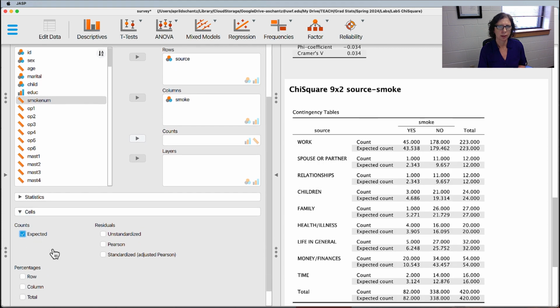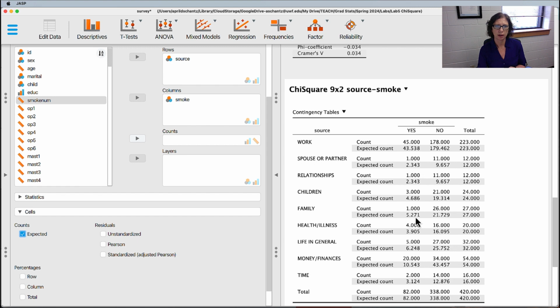Now, because this one isn't a 2x2, it's a larger table, that means that we can look for 5 or greater in our expected count. So I'm expecting 43.5, 179.4, but then here, 2.3, that's less than 5. See these here that are less than 5? That one seems fine.